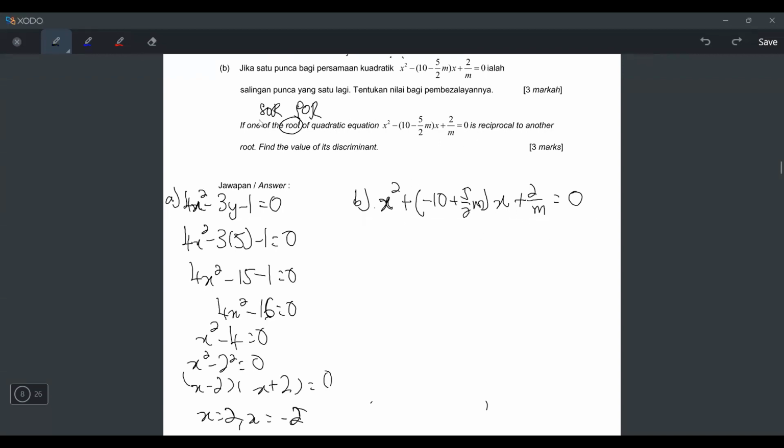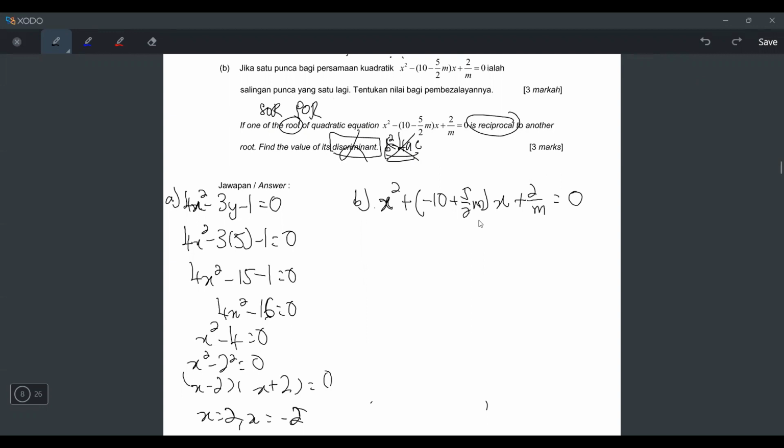Now it says what? Given if one of the root is reciprocal to another root, find the value of its discriminant. Okay, first of all, what is discriminant? Discriminant is actually the b square minus 4ac. Okay, that's discriminant. So remember, discriminant means they want to find the b square minus 4ac. But you don't worry about this first. Worry about finding the value of m first.